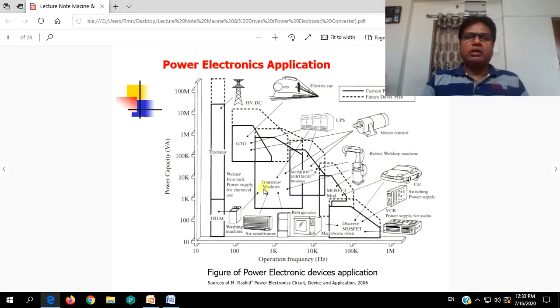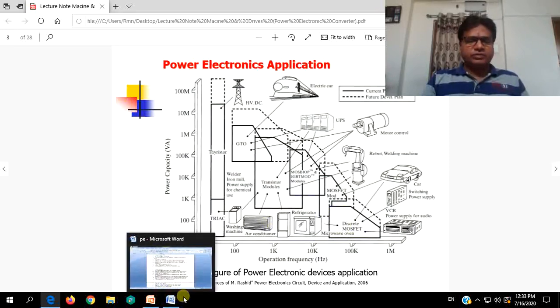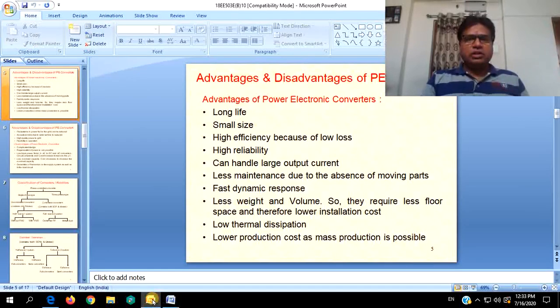So for almost all applications, whether it is domestic or commercial or industrial applications or research applications, robotic welding machine, we find very wide applications of these things. So in all the power electronic applications, obviously the actual application will be through power electronic converter.